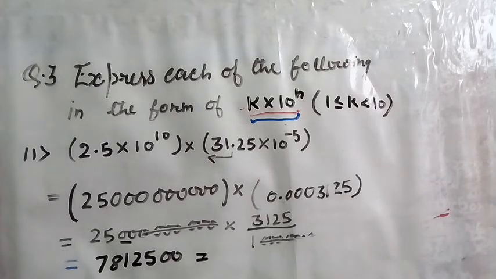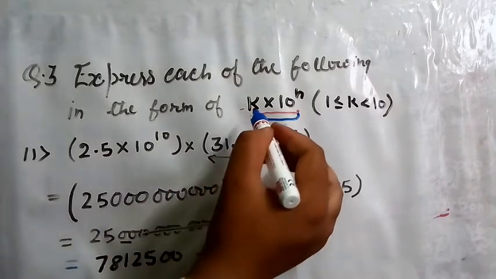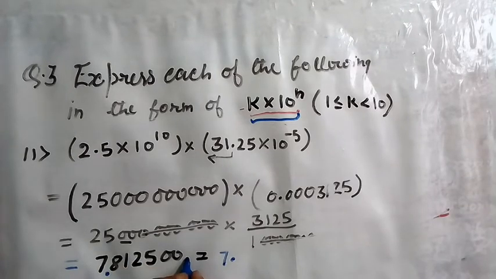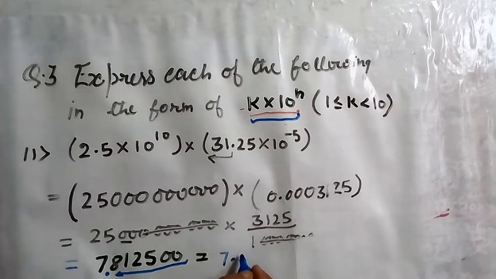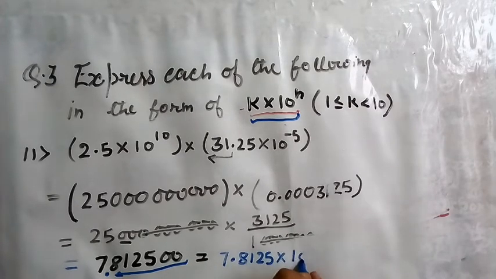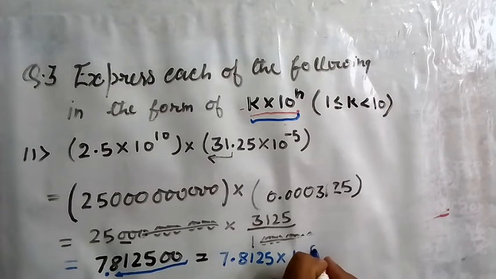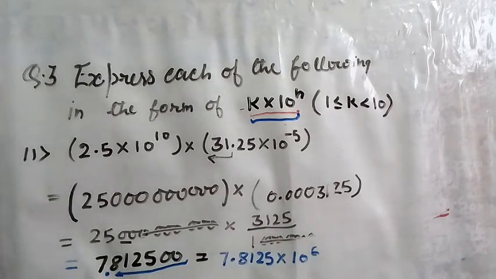Now write it in the form of k multiplied by 10 raised to power n. So this will be 7.8125, put decimal after one digit, multiply by 10 raised to power, see 6 digits are there, so power will be 6. This is your required answer.